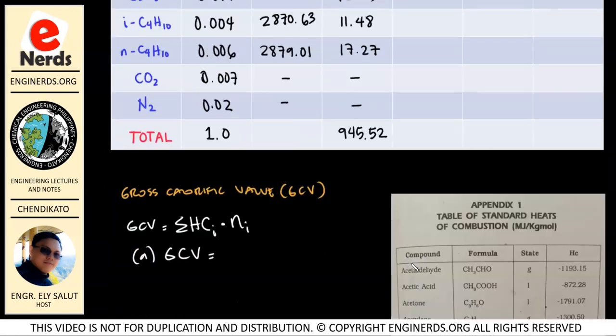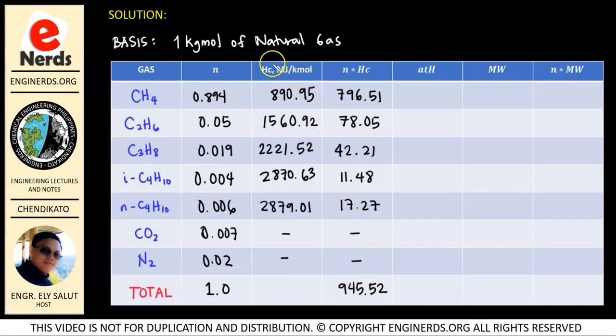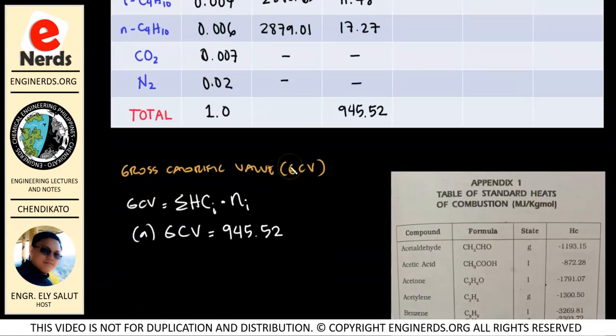Okay, so actually that is our gross calorific value, which is 945.52. And ano yung unit natin dito? So our unit here is in megajoule per kilogram mole. Okay, so this is in megajoule per kilogram mole.